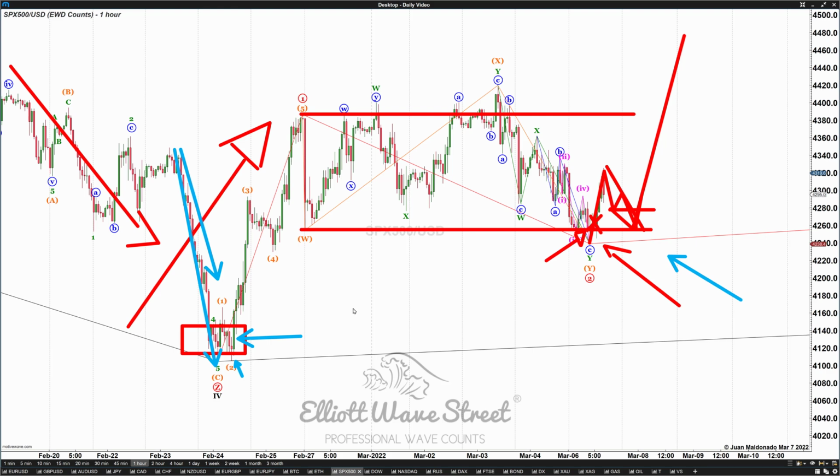You can get the list on the website, and we cover what is expected to happen after that, how we can validate that, and what are the best places to place the entries and to follow the market.